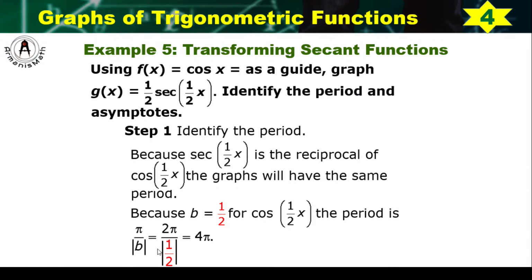So I've got myself a b equals 1/2, and in this case 2 pi over b, or 2 pi over 1/2, which is going to give you 4 pi's here. 4 pi's for this. So basically a little bit wider to start and finish these waves here for the cosine.